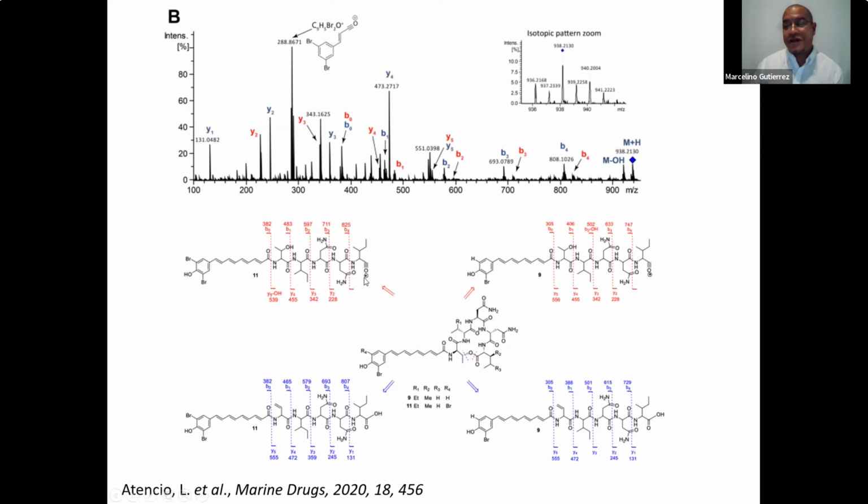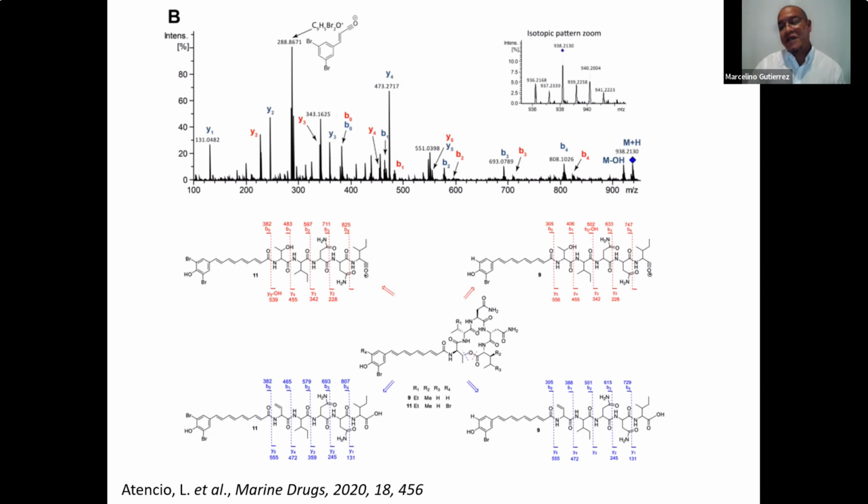I want to mention that for this study, we only used extract and mass spectrometry to identify the molecules. We never used chromatography to obtain the pure compounds. So LC-MS was used for the analysis of these compounds.